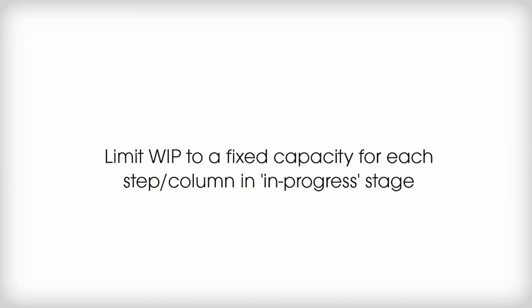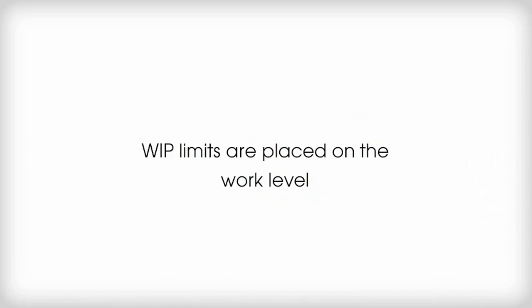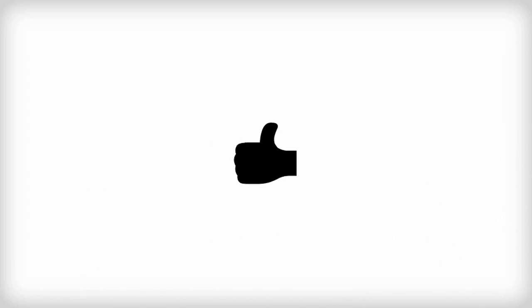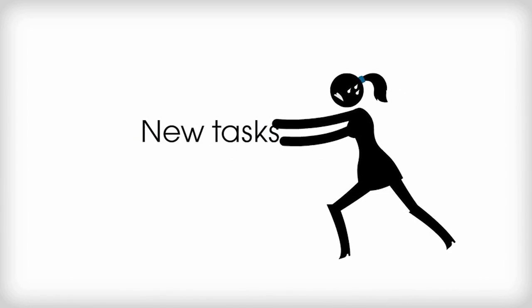So let's put Kanban here and see what happens. Kanban can solve this problem effectively by limiting work in progress to a fixed capacity for each step or column in the in-progress stage. This means WIP limits are placed on the work level, which will effectively clear up idle tasks, removing them to make way for new tasks.